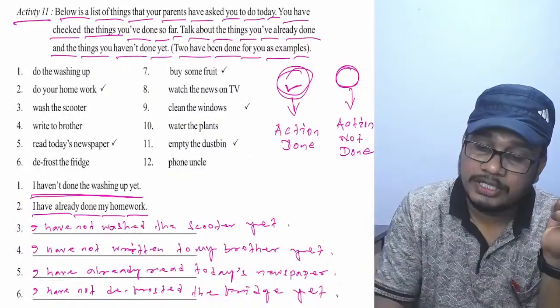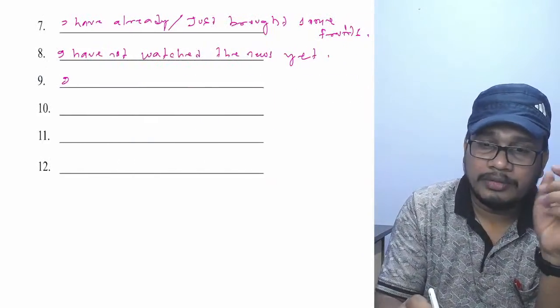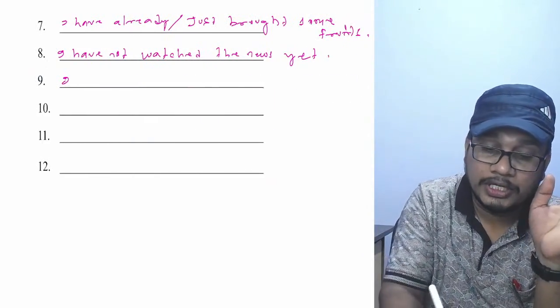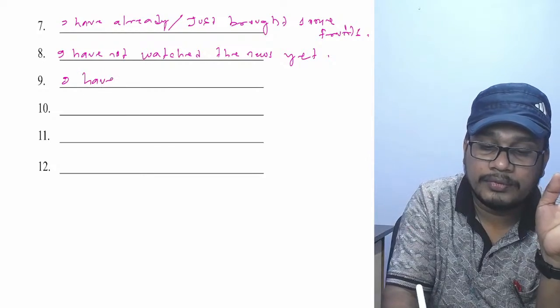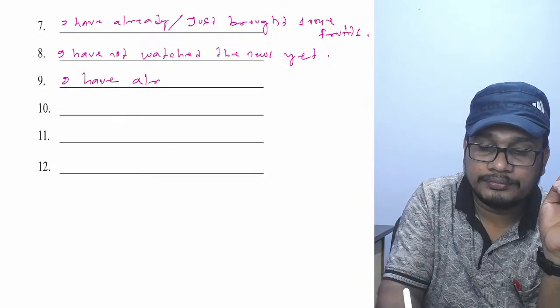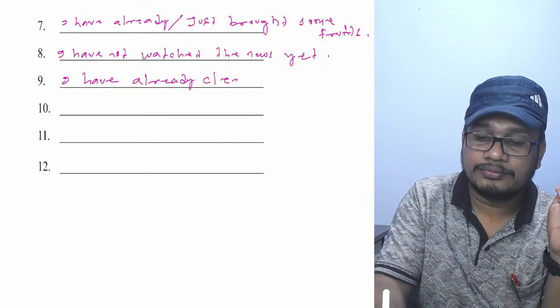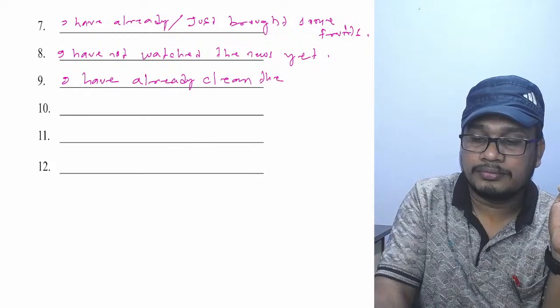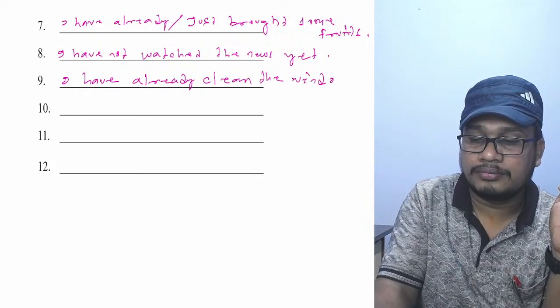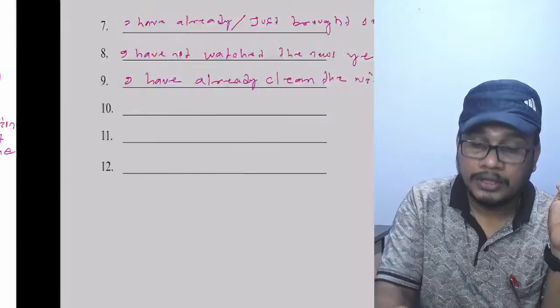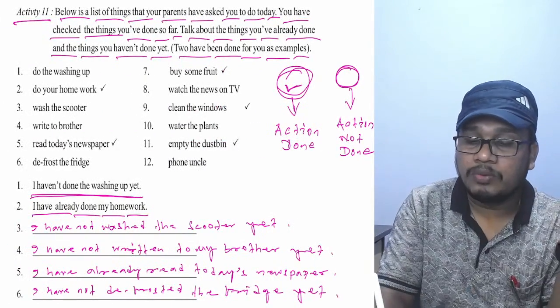Now number 9 is given, that is clean the windows. That means I have already cleaned the windows. Okay, next number 10 is given, water the plants.